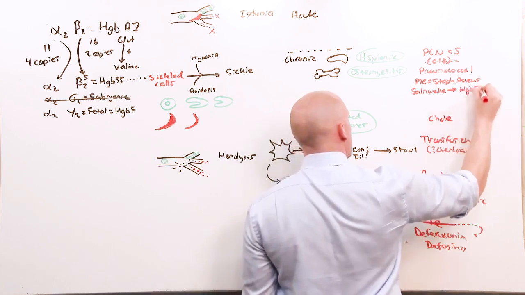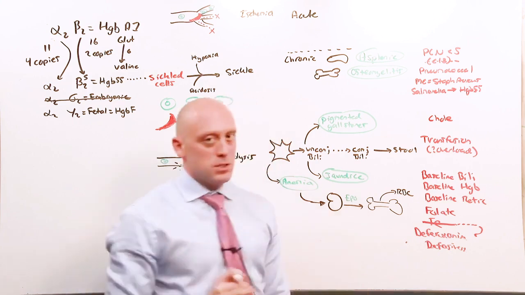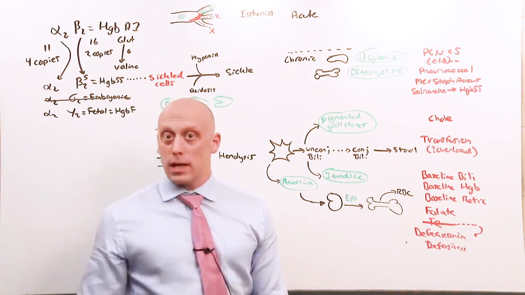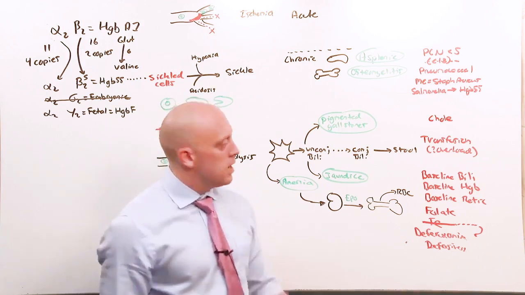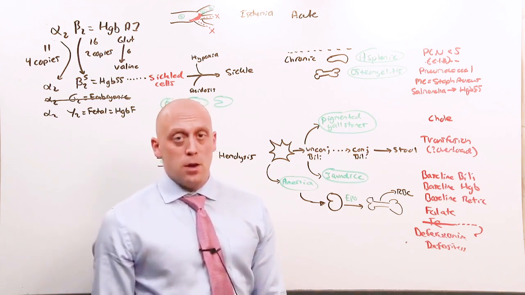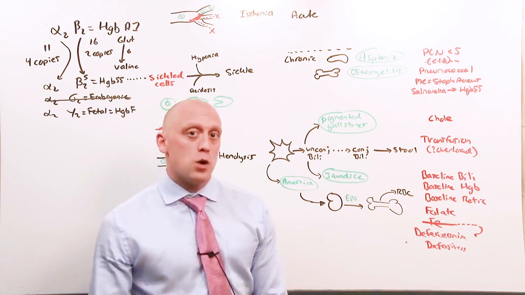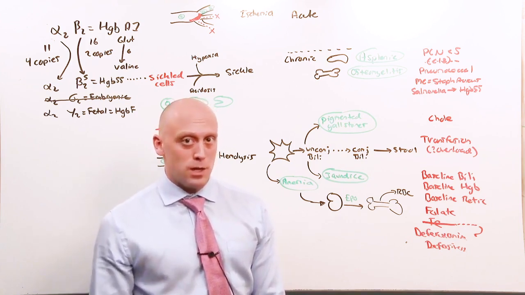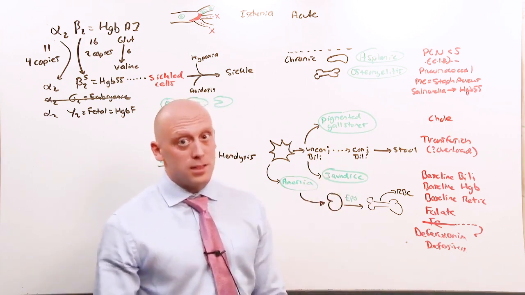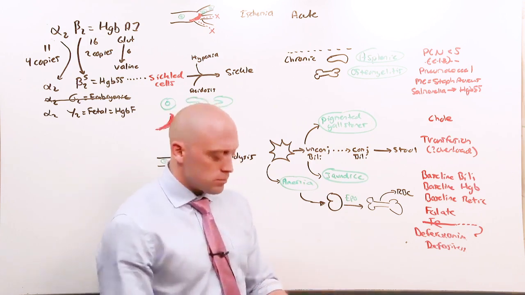And that's true. Just because they have sickle cell disease doesn't mean salmonella is most likely. It means it's more likely than in not sickle cell. And if you see salmonella, you should associate that with hemoglobin SS. But if the question asks you what is the most common cause of osteomyelitis, and staph's sitting there, pick staph. If staph's not there, pick salmonella.